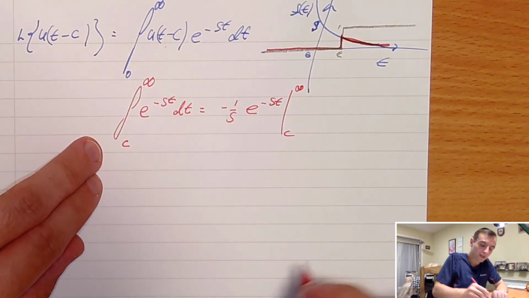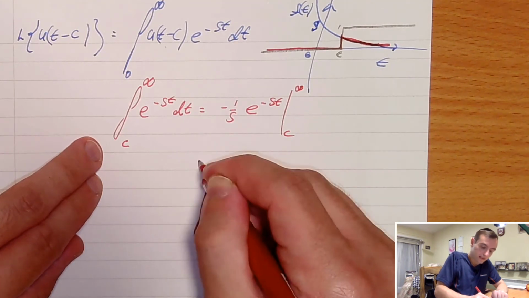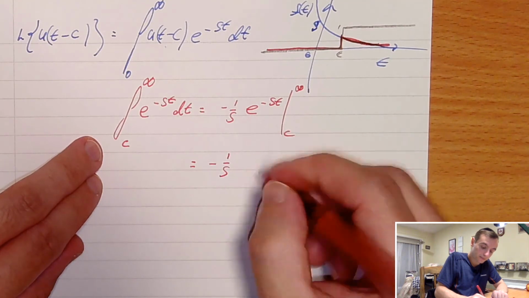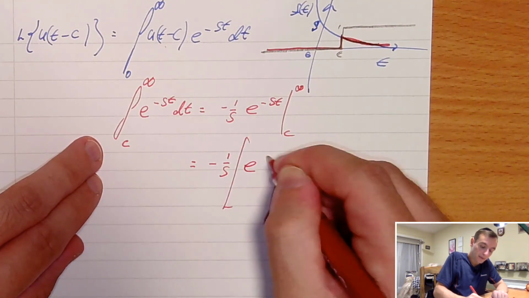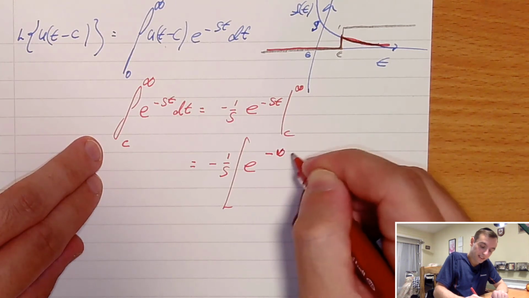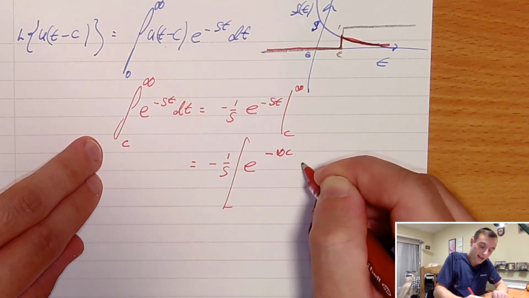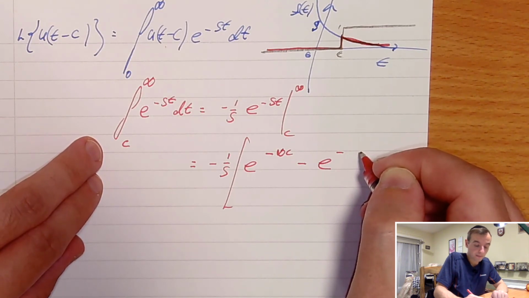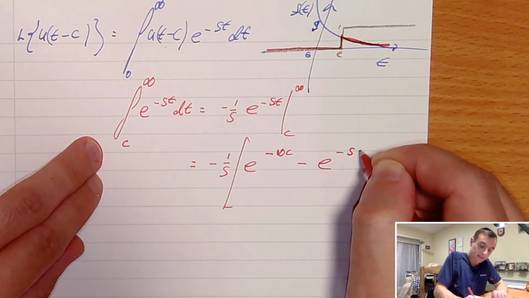Which equals minus 1 on s, e to the minus infinity, minus e to the minus sc.